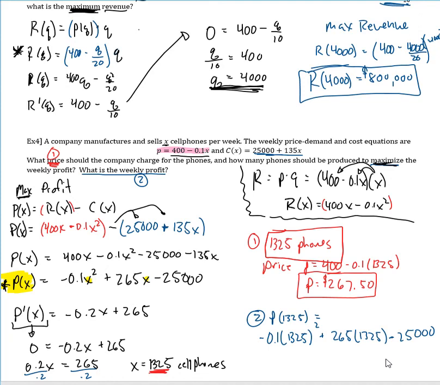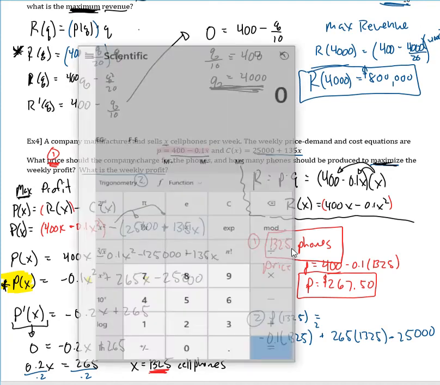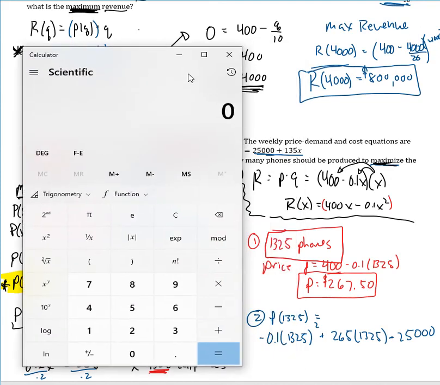Okay, so let's do that one more time. I'm just going to use my basic one that's already ready. Okay, so I have negative 0.1 times 1325 times 1325 to square it, plus 265 times 1325 minus 25,000.